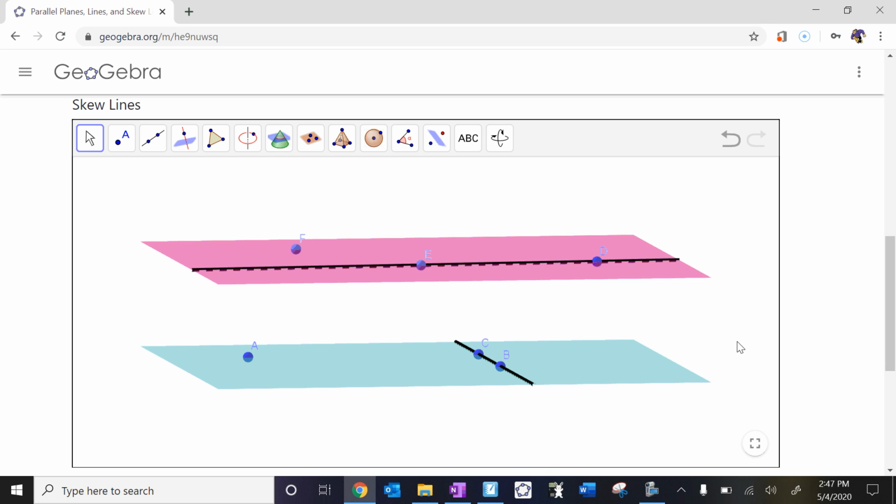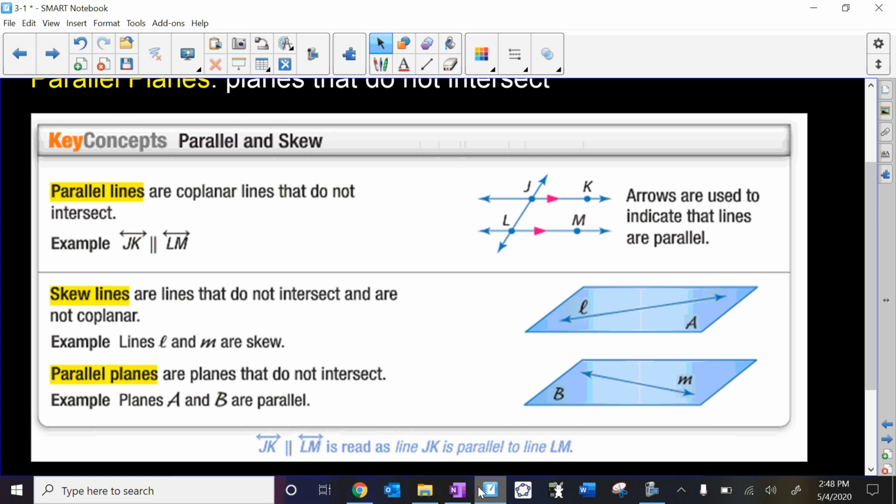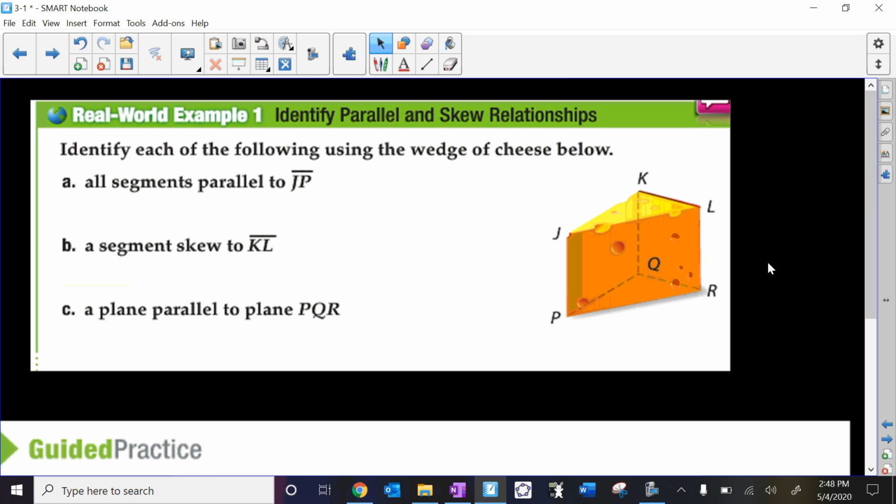They're not parallel either. There's no way to connect those two lines. They're not intersecting. They're not parallel, anything like that. So we would call those skew lines. We're going to take that idea and look at a couple examples.